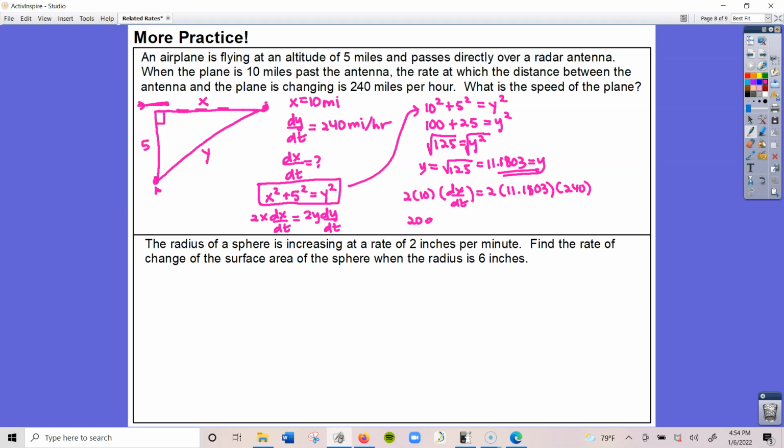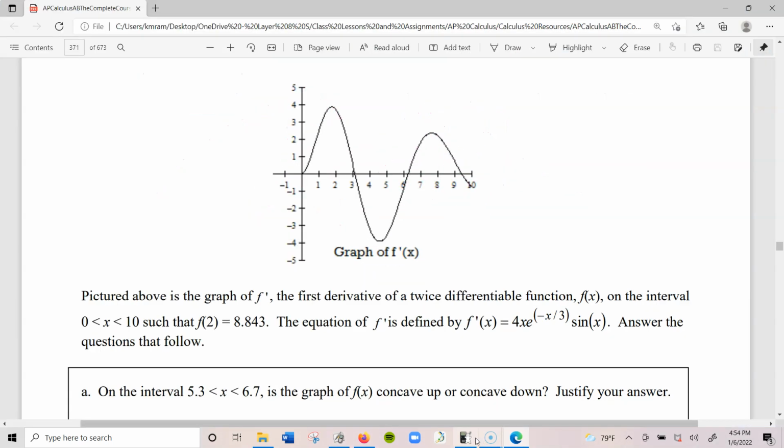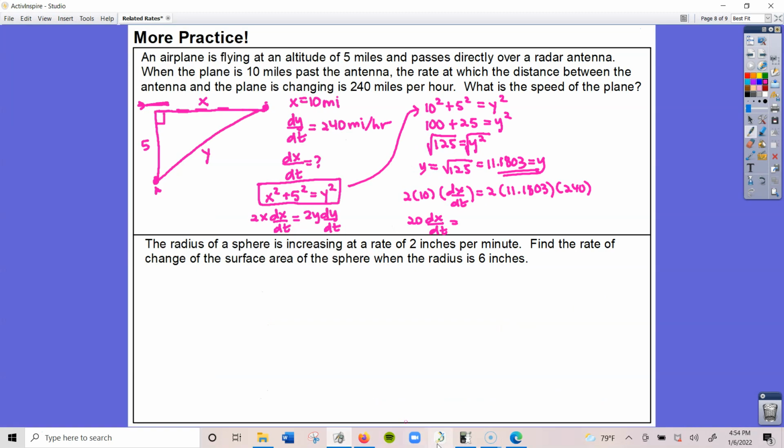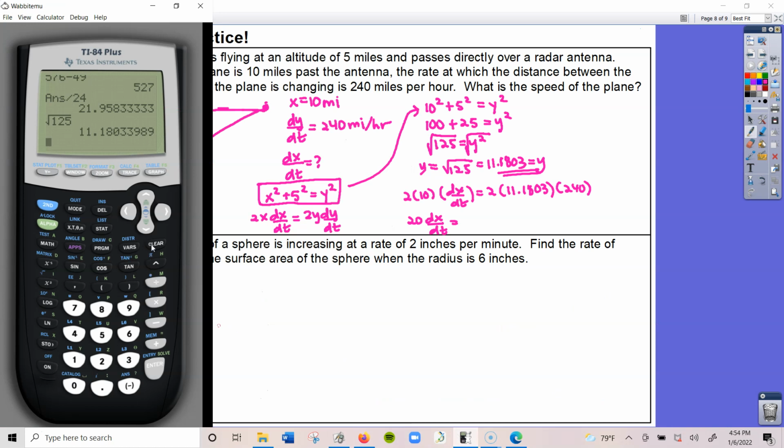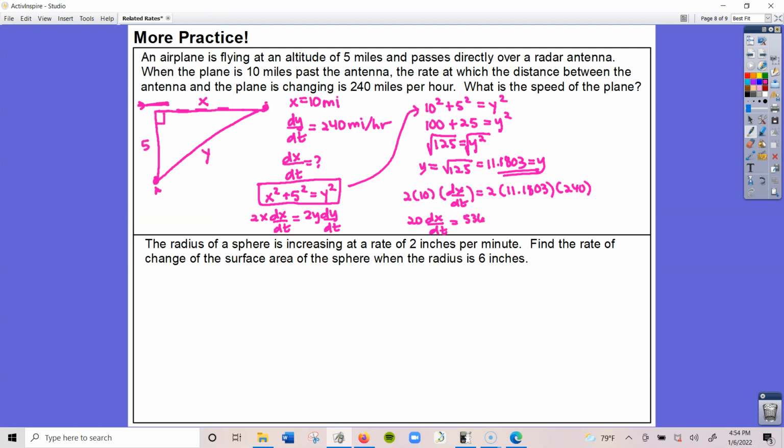This is 20 dx dt is going to equal to, now let's multiply this out, we have 2 times 11.1803 times 240, and we get 5,366.544.